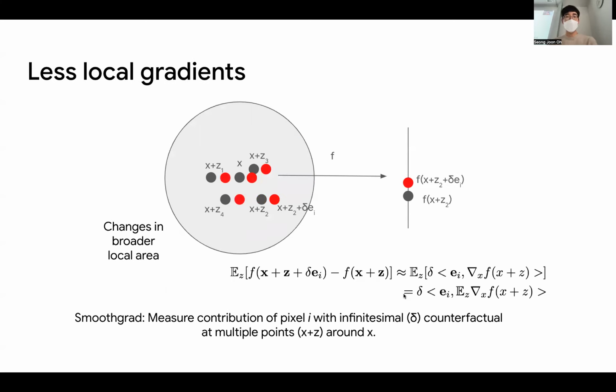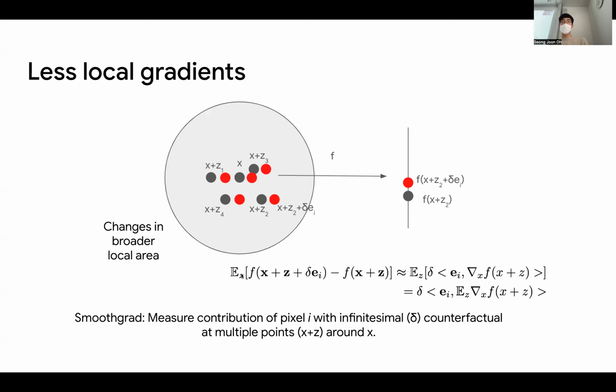And now what SmoothGrad is trying to do is something like this. You first perturb x into different local variations of x around it according to a normal distribution. And then for every perturbed point, you further perturb uniformly into the i-th direction, and then see the average response of those changes in different perturbed inputs.